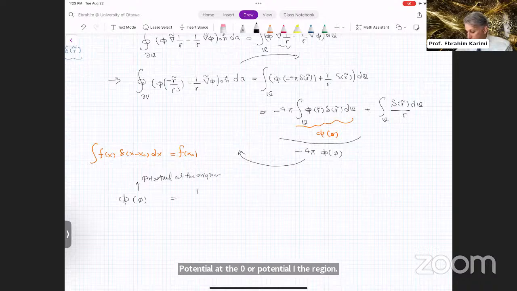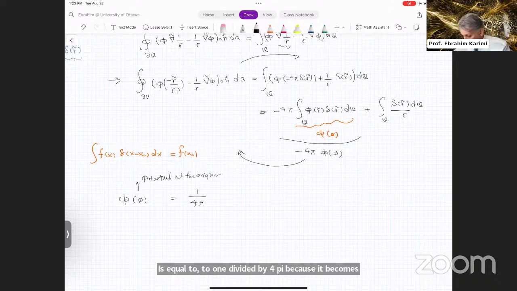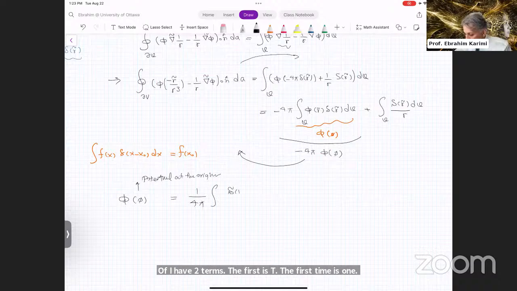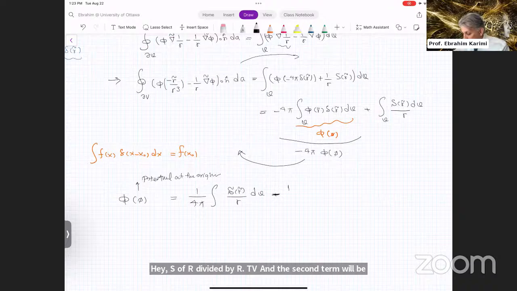is equal to 1 divided by 4 pi, because it becomes plus sign, of, I have two terms. The first term is the integral of s of r divided by r dV, and the second term will be minus sign of 1 divided by 4 pi.